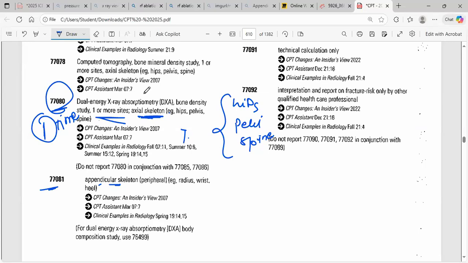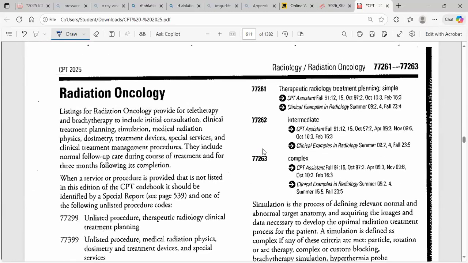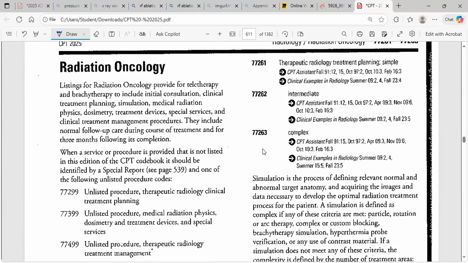Next important topic is nuclear medicine. Just give me a second. Okay, so the next main topic is nuclear medicine. So first one is radiation oncology.